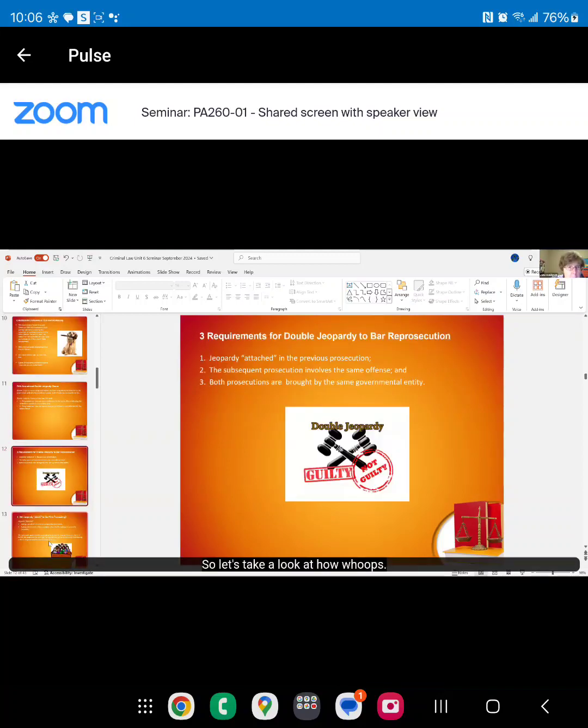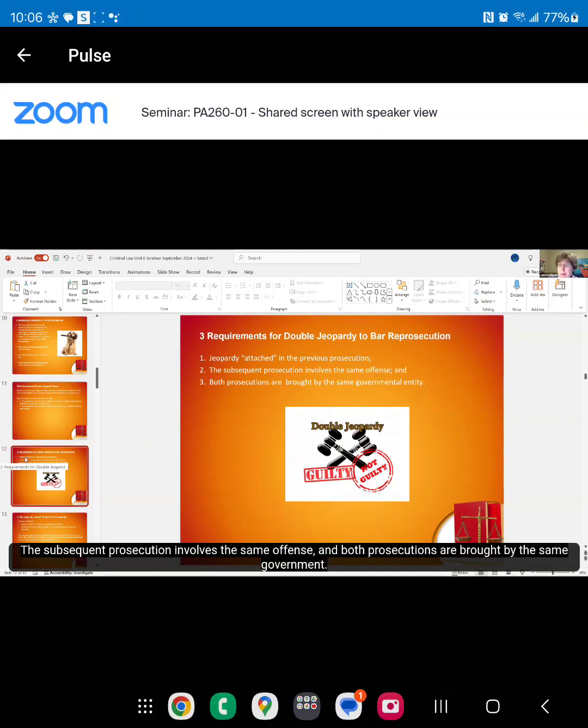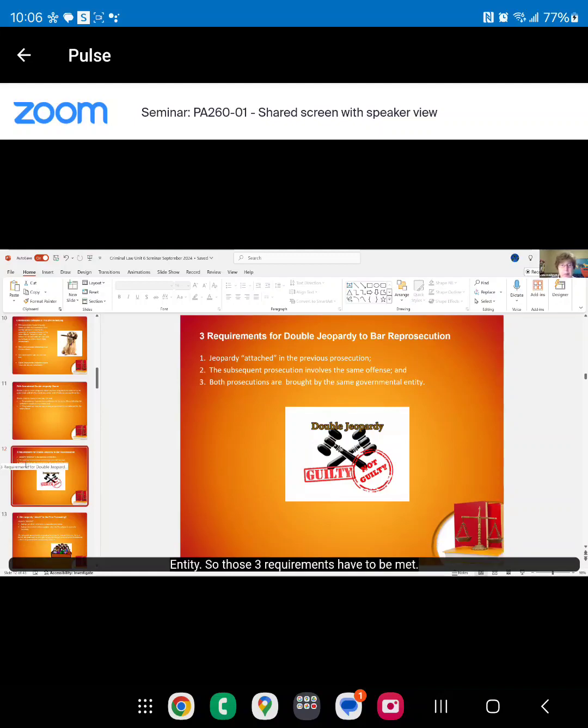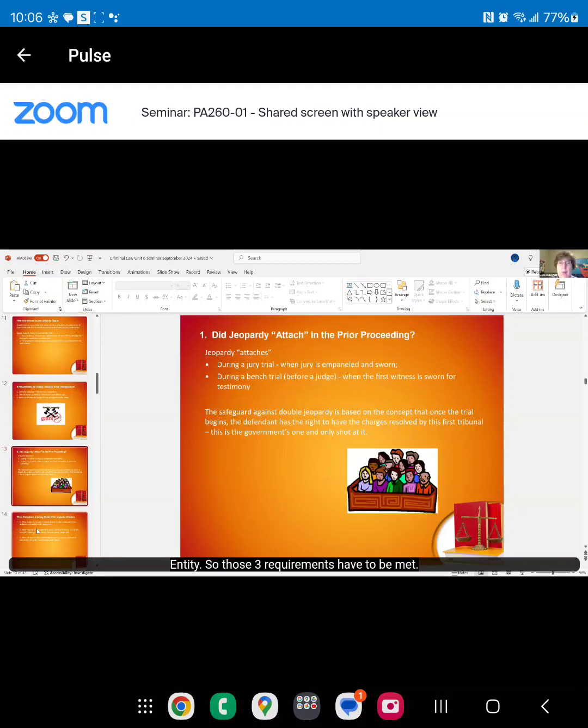So let's take a look at the requirements to bar re-prosecution or another trial from coming after a defendant. First, it has to be shown that jeopardy attached in that first trial. Second, the subsequent prosecution involves the same offense, and third, both prosecutions are brought by the same government entity. So those three requirements have to be met. The first one: did jeopardy attach?